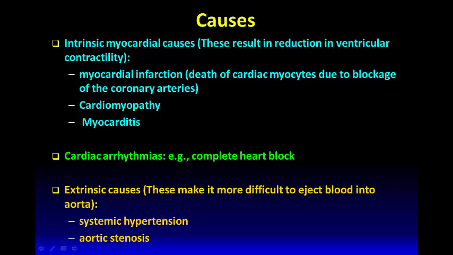So when there is systemic arterial hypertension or aortic stenosis, the left ventricle would find it difficult to eject adequate stroke volume into the aorta, as we have described in the previous slides.